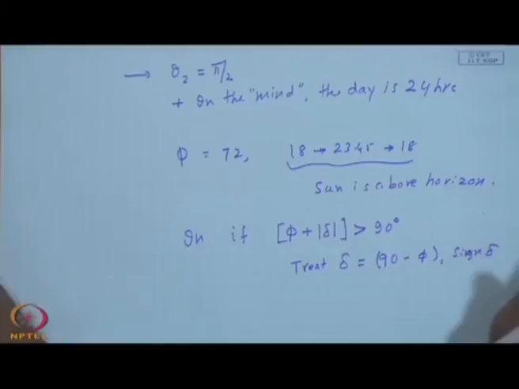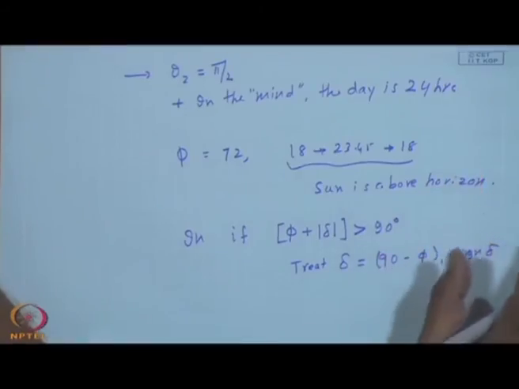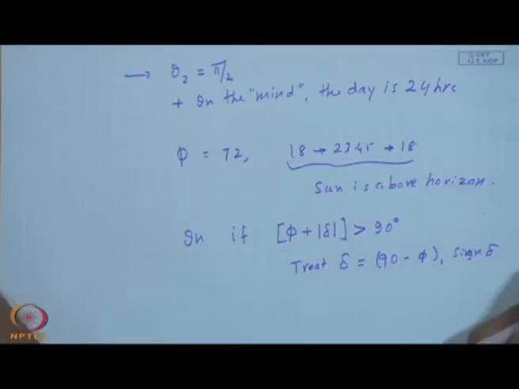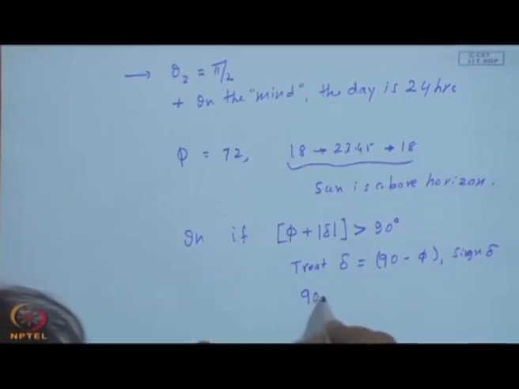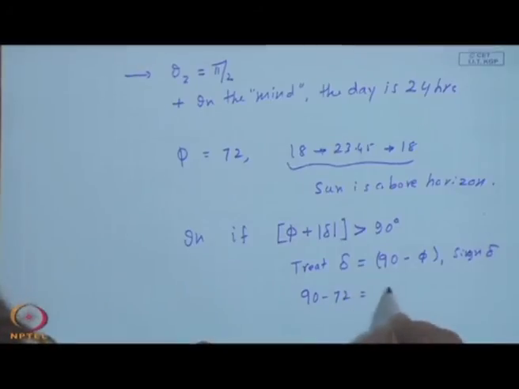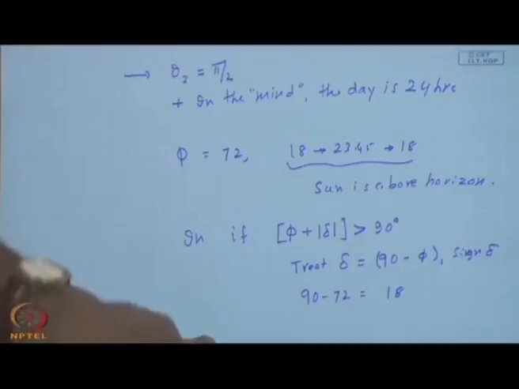So, you calculate 90 minus phi and treat the delta as equal to that number with the sign associated with the original delta. I think this is a computer language, sign of delta times magnitude of 90 minus phi. In this case, if you have 90 minus 72, you will get it as 18. If it is originally minus 20 or plus 20, you use it as minus 18 or plus 18.